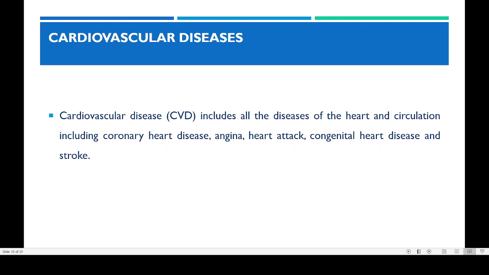Then congenital heart disease. Congenital means by birth. Sometimes in some babies there will be a hole between the right half of the heart and left half of the heart. Normally there is a partition. There is a right auricle and right ventricle, and there is a partition, or a wall.